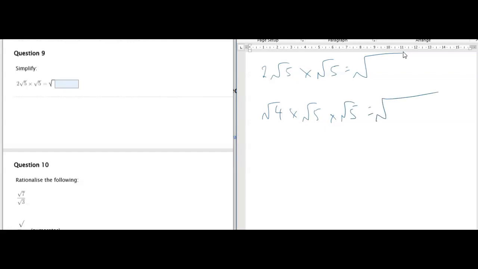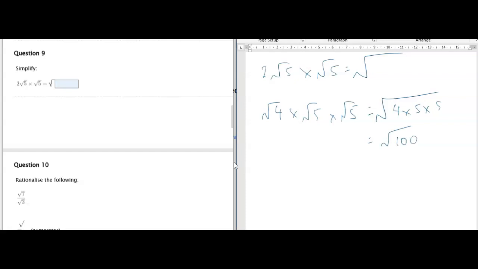So we can effectively put everything that is under a square root sign under the same square root sign. That can only happen when you're multiplying. So we've got under here 4 times 5 times 5. So 5 times 5 is 25, and 4 times 25 is 100.